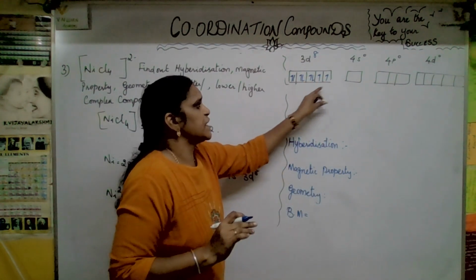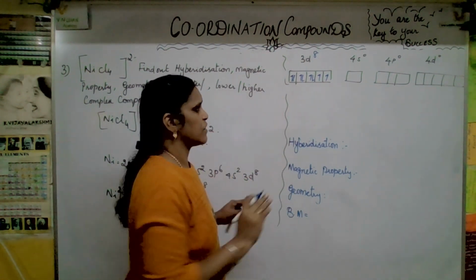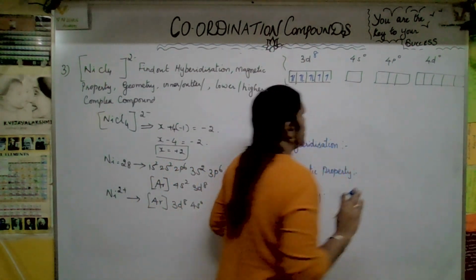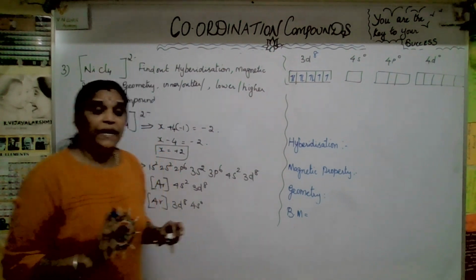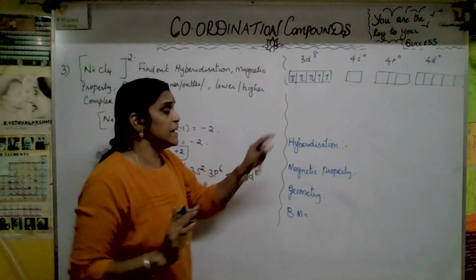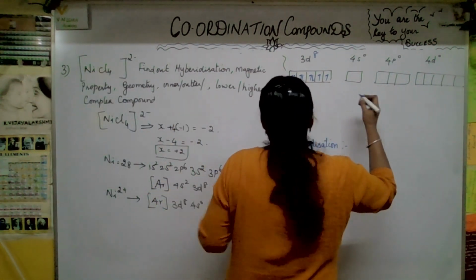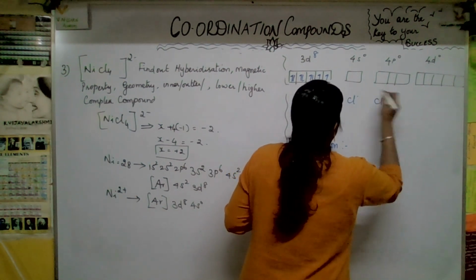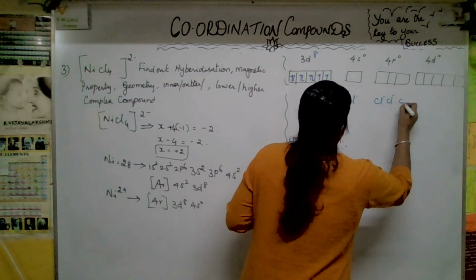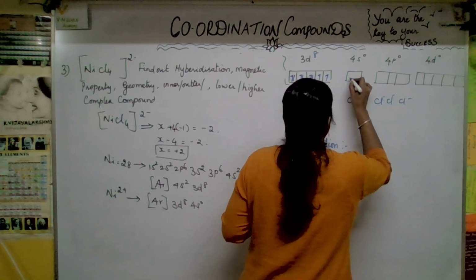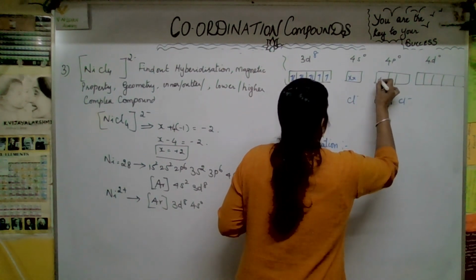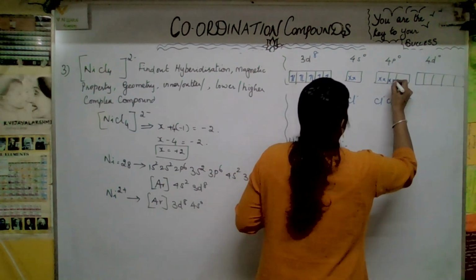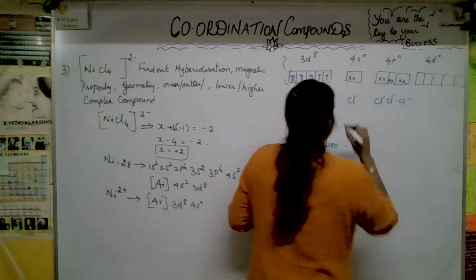So these two it cannot pair up. It is an unpaired electron. So these are all empty. Now the ligands start from here. Cl, here Cl, 1, 2, 3 and 4. So it has to fill here 1, 2, 3 and 4.